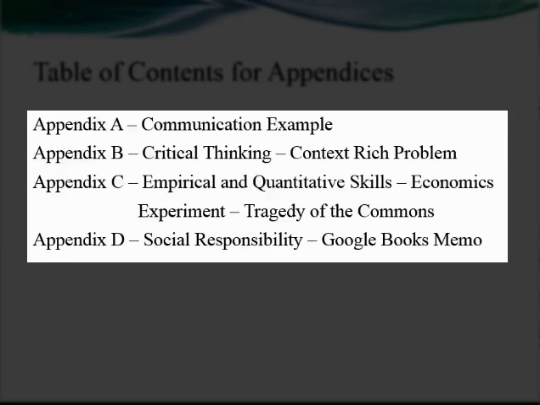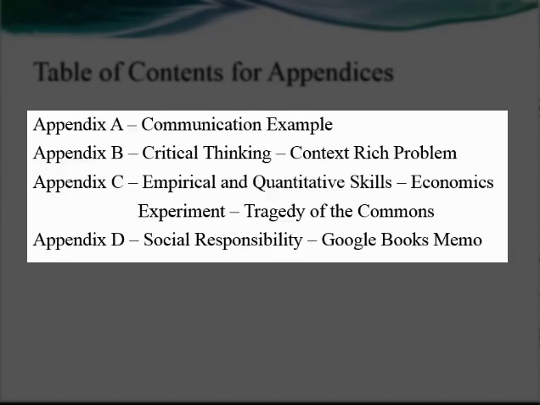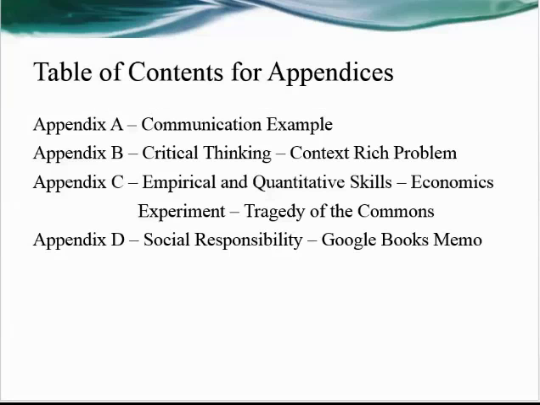That refers to the economics experiment, the one in class involving the tragedy of the commons. There can also be another, potentially different one for macro. And then social responsibility is the Google Books memo, but as I stated, we may not use that. It's possible that might not be used, but a variant of that or something else may be used.